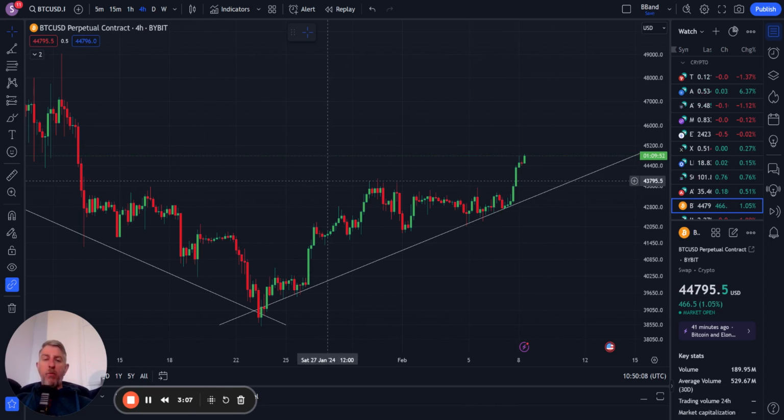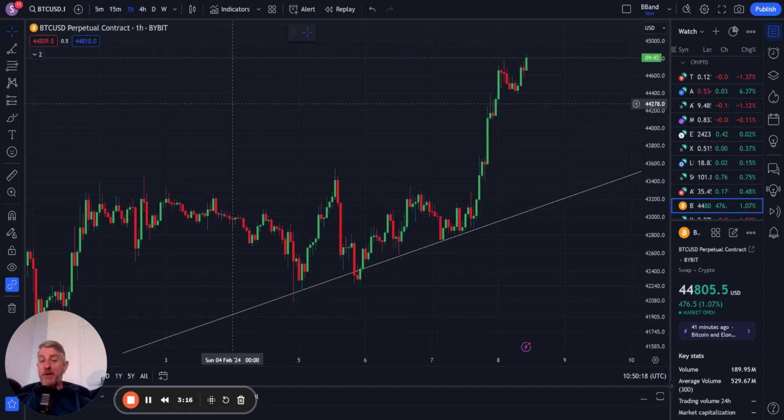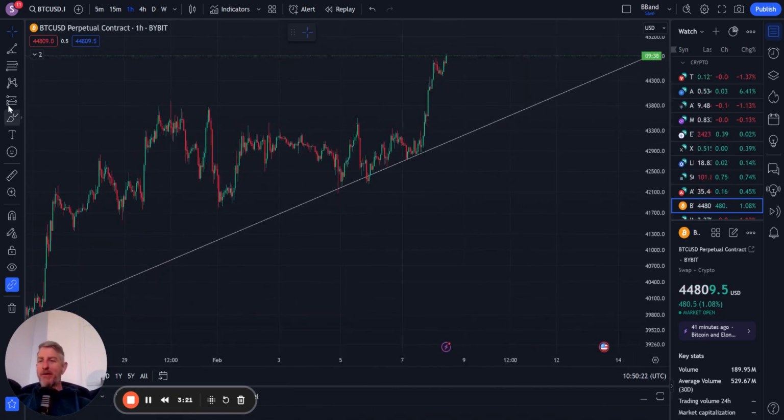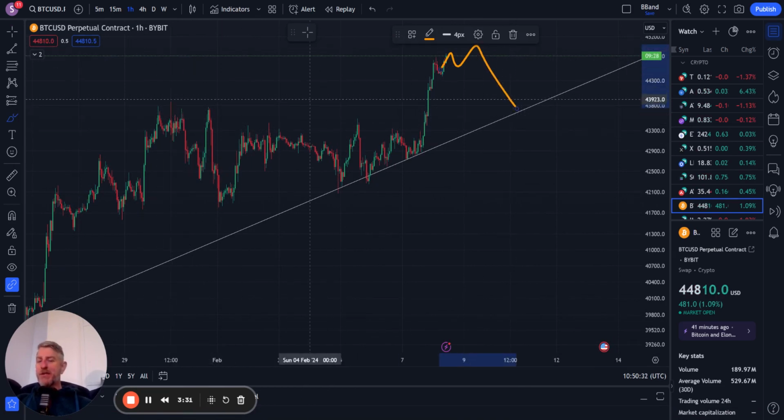Now, what would be delightful for my trading mind, before it does another big leg up, and this is an hourly, I would love it to pull back to this breakout area like I talked about yesterday, with stop losses and wicks down to range break areas, and then go up from there.